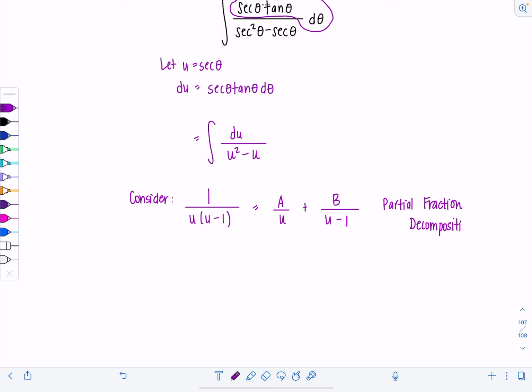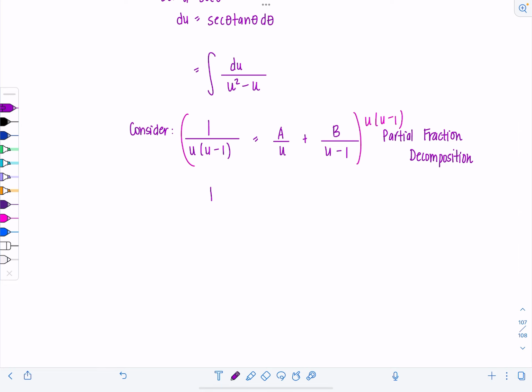All right, so to solve for A and B, I'm going to multiply everything through by u and u minus 1. And then now we'll have 1 equals A times u minus 1 plus B times u. So that means 1 equals Au minus A plus Bu.